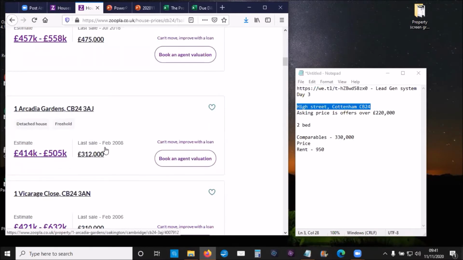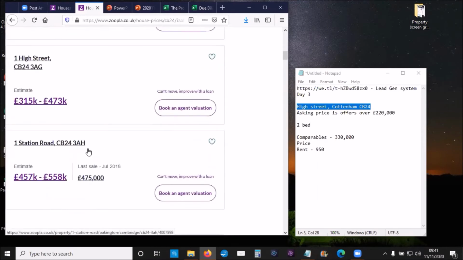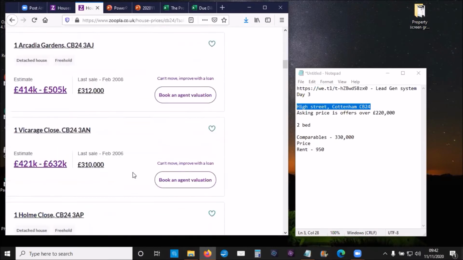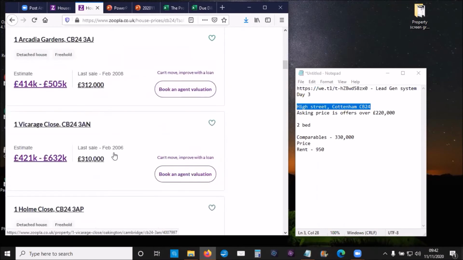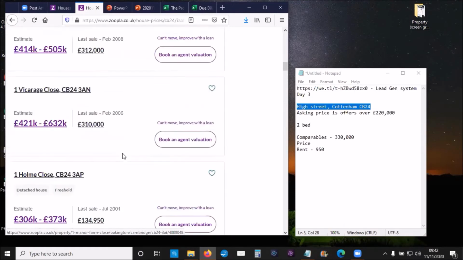It's an estimate. Okay, sale price. 310, 312 last sale, but in 2008, so that's actually 12 years ago. It could be more now.